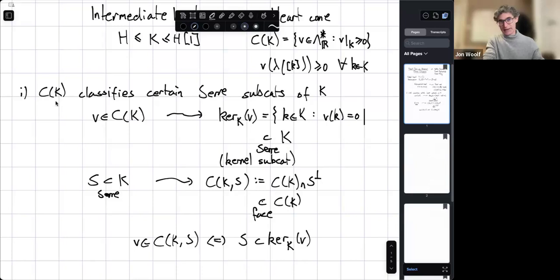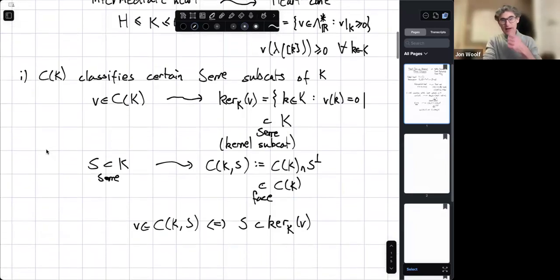Okay, so that's one way of thinking about what this heart cone is doing. I should probably mention, though I've forgotten the right name, that you can think about a much more general thing. You can think about the Grothendieck monoid, and there's a cone in that, and faces of that actually correspond precisely to all Serre subcategories.